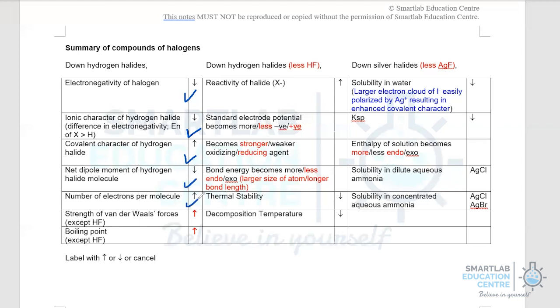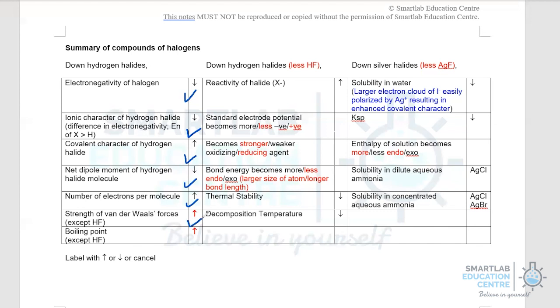The number of electrons increases significantly. So therefore, the strength of the van der Waals forces, and van der Waals forces means intermolecular forces, which include both instantaneous dipole to induced dipole and permanent dipole to permanent dipole attraction forces. So in this case, HI would have a stronger intermolecular force relative to HBr, and HBr stronger relative to HCl.